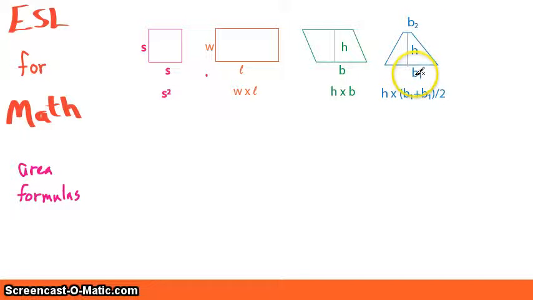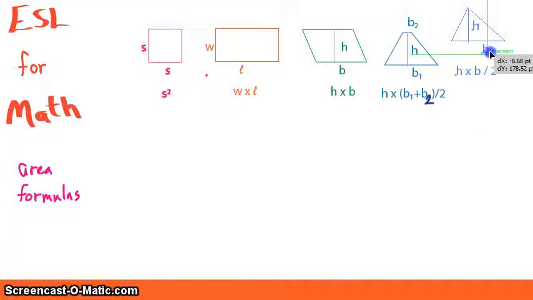I've called them here B1 and B2, and then we have a height. And in order to find the area, we take the average of B1 and B2. Oh, this should be a 2 here. Sorry about that. So we take B1 plus B2 divided by 2. That's actually the average of B1 and B2. So we take the average of B1 and B2 and we multiply it by height.